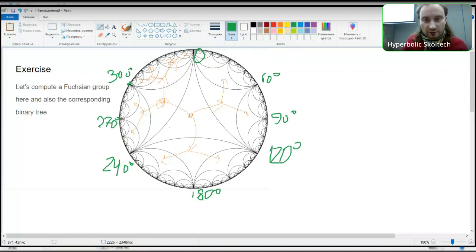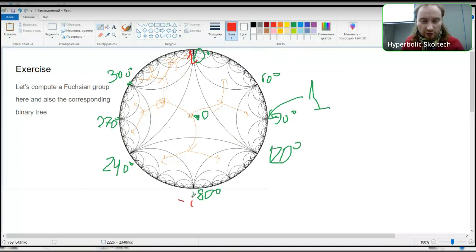So those are just degrees. Let's think of 0 point here. So this point here then is 1, on the unit disk. This point here is i, the imaginary unit.